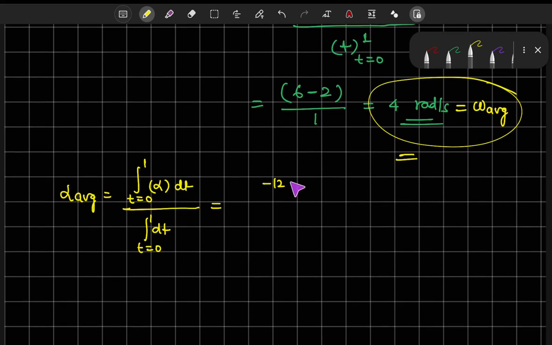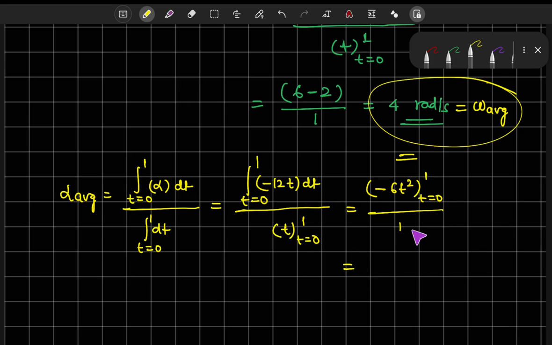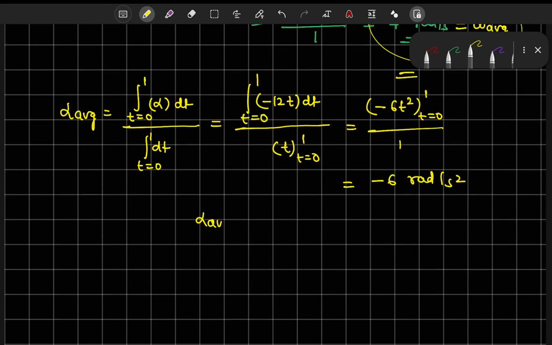So we can write the integral of minus 12t into dt from 0 to 1, whole divided by t from 0 to 1. The integration of minus 12t will be minus 6t square from 0 to 1, whole divided by 1. So we will get minus 6 radian per second square, or the magnitude of the average acceleration is equal to 6 radian per second square.